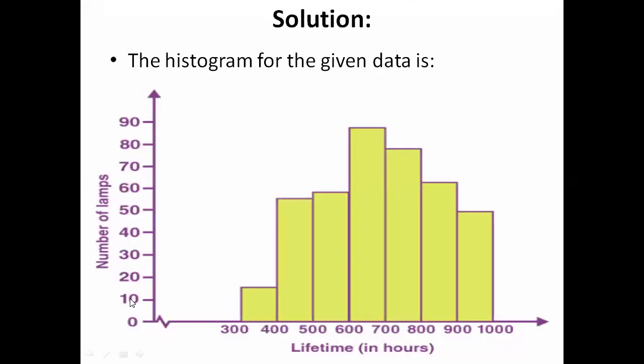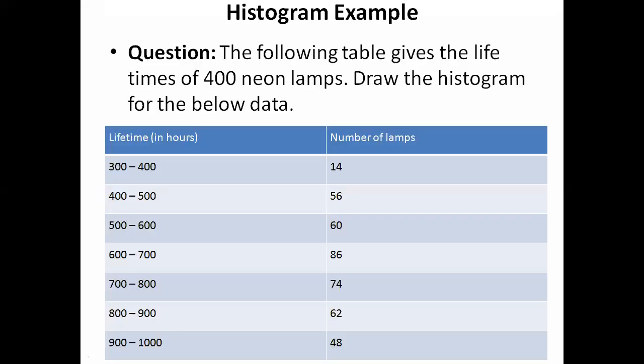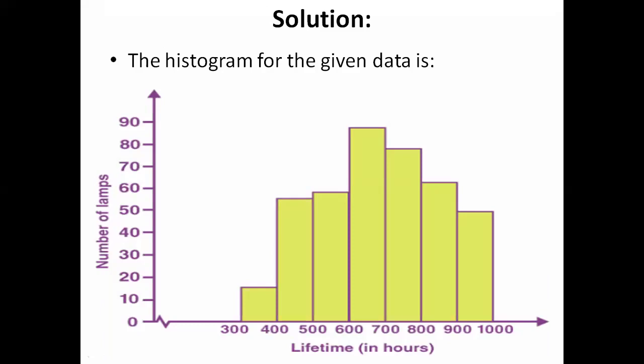You can see here, this is near about 14. 10, 11, 12, 13, 14. Here 14 for 300 to 400, whereas for 400 to 500 it is 56. Now we go to 56, counting 51, 52, 53, 54, 55, 56.